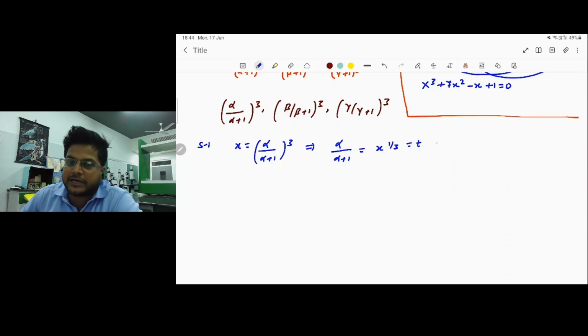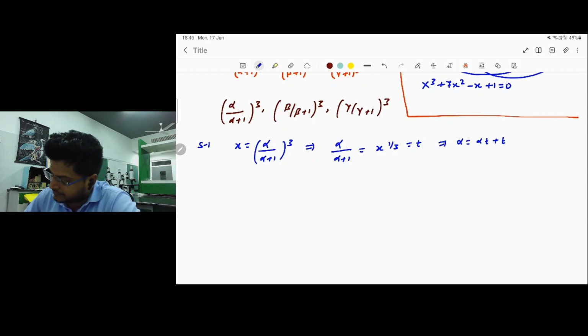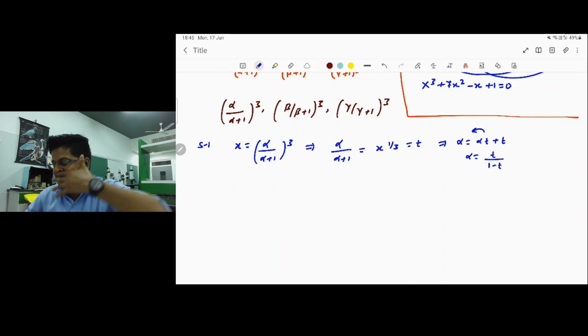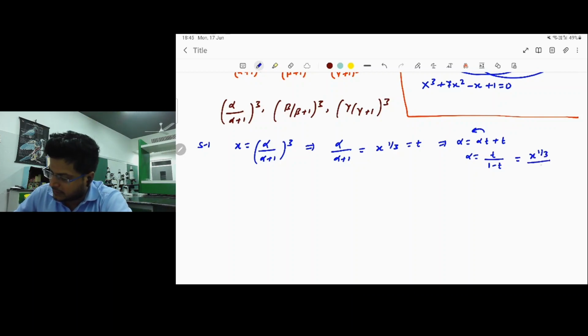So from this, please try to find what is the value of alpha. So you got alpha equals alpha t plus t. Bring it this side. So alpha equals how much? t by 1 minus t. Right? And what is t? t is x to the power 1 by 3.